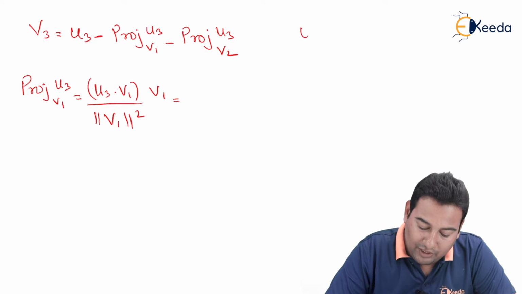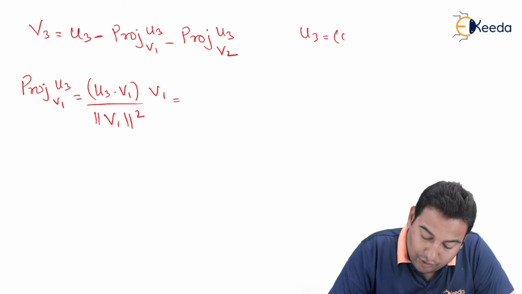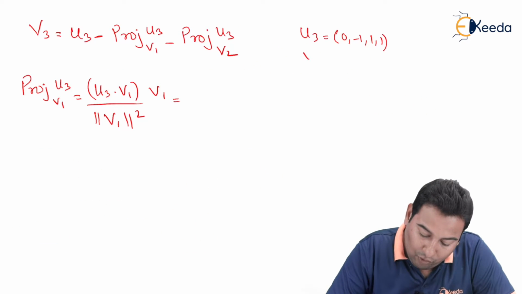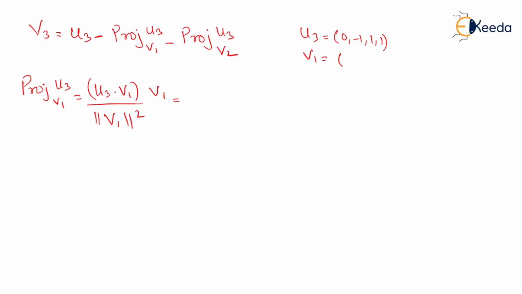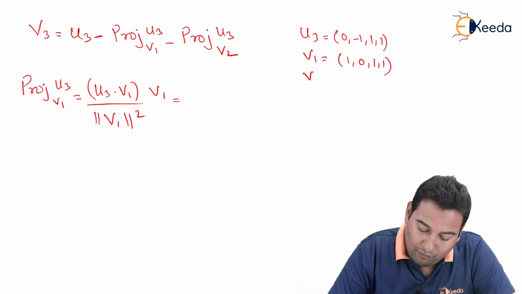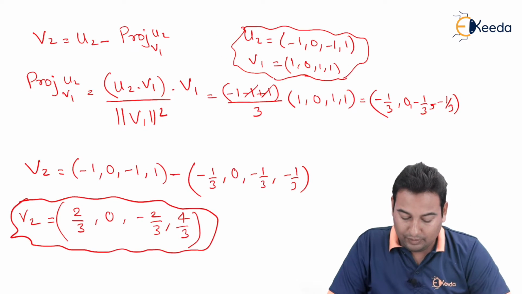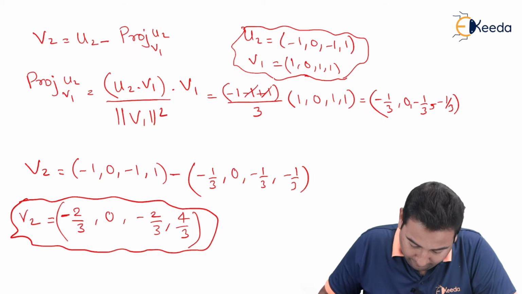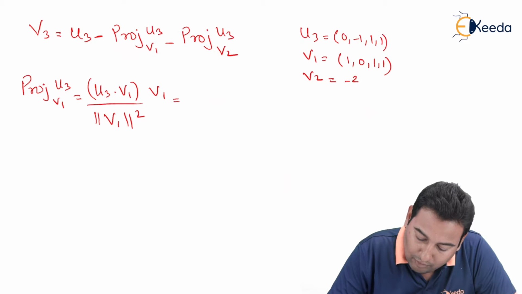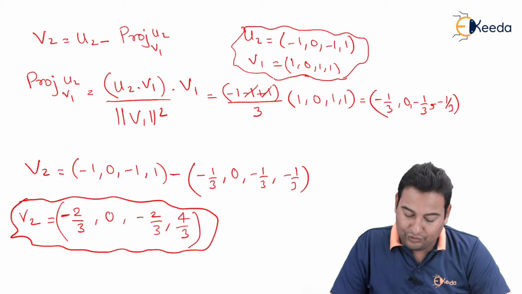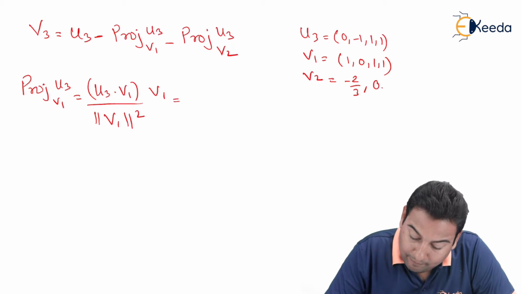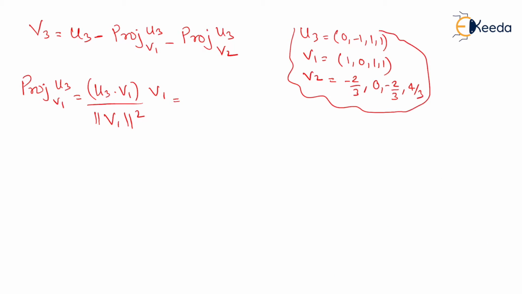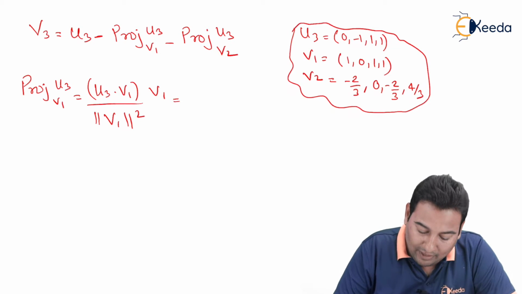For that purpose we need to write u3 first: 0 -1 1 1, this is u3. We want v1 also, we want v2 also, that is -2 by 3, 0, -2 by 3 and 4 by 3. We'll be using these values.